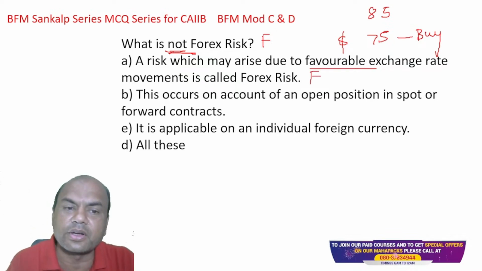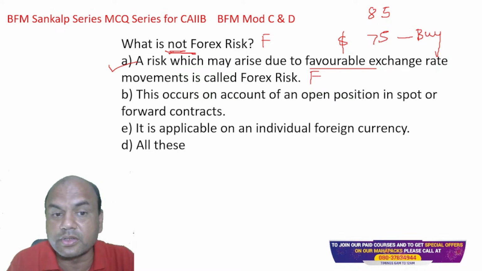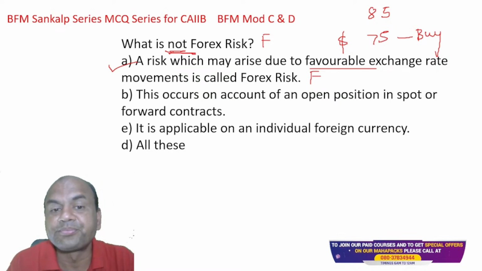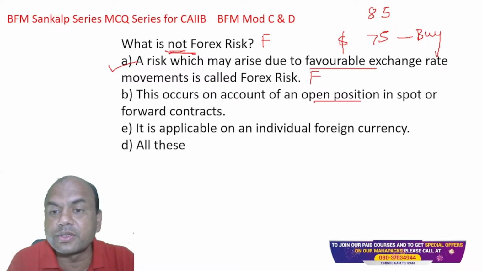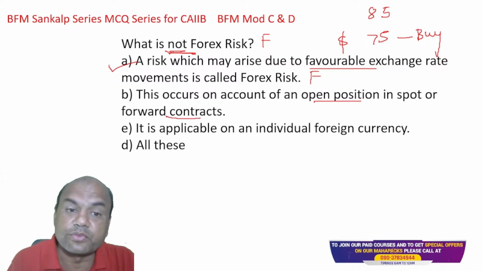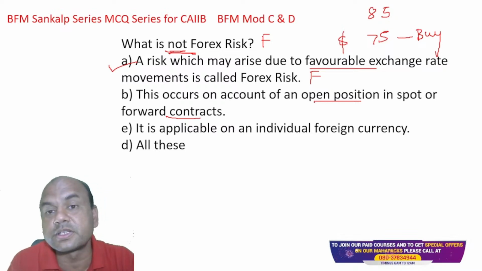See, first you got this answer A. But now there is also the option of all of these, so these can also be false. This forex risk occurs on account of open position in spot or forward contracts. Open position means what? Day end position.